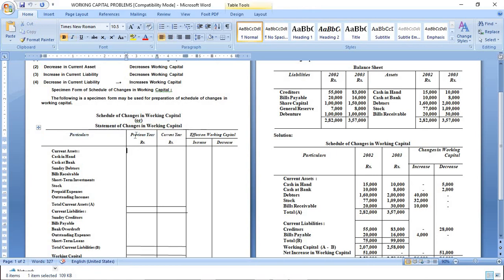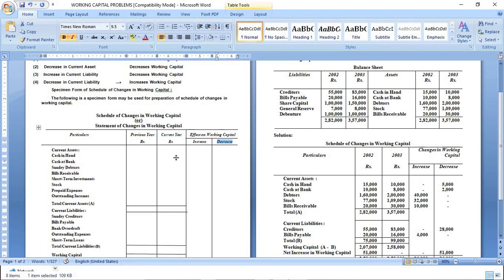Particulars, previous year in rupees, then current year, then the effect on working capital, increase or decrease. Two columns will be there. Then we first write the current assets: cash in hand, cash at bank, sundry debtors, bills receivable, short-term investments, stock, prepaid expenses, outstanding incomes.